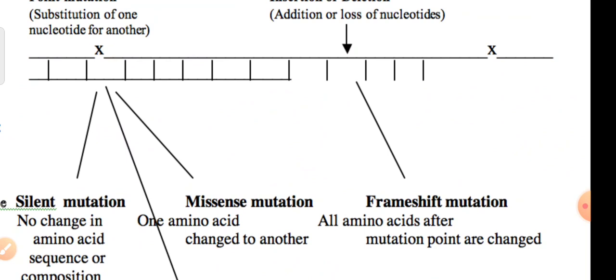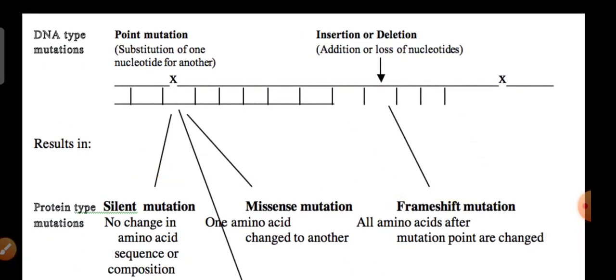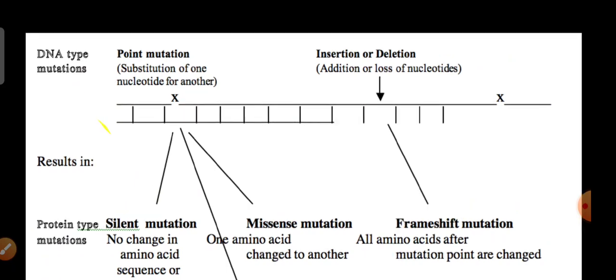Frame shift mutations are those wherein there is addition or deletion of one or more bases, which leads to a shift in the reading frame. Substitution of one base by another leads to missense, nonsense or silent mutations.